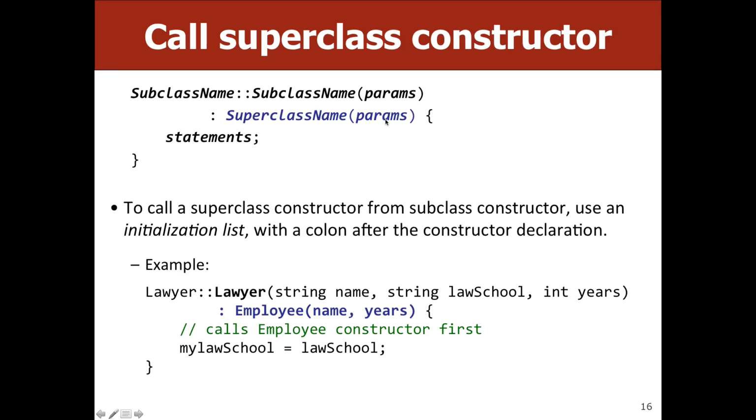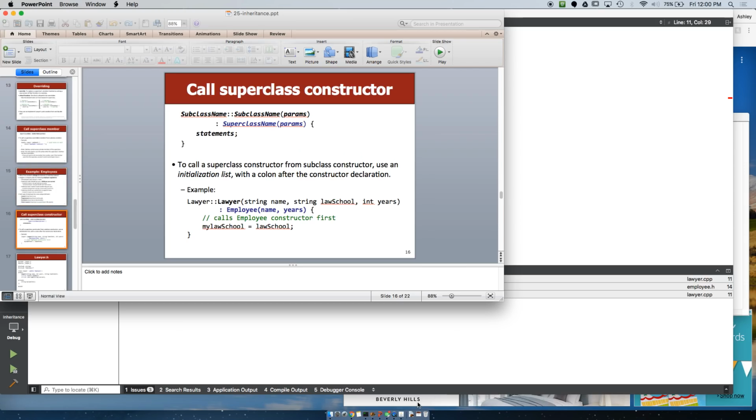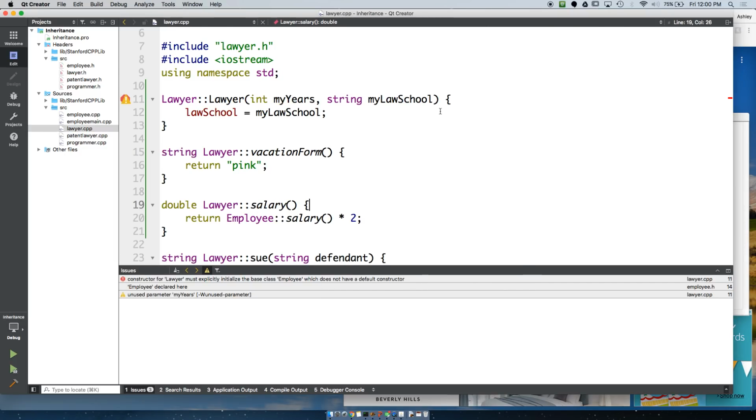So that's calling the superclass's constructor. So in this case, it would look like this, where you can say employee of my years. What questions are there about this syntax?